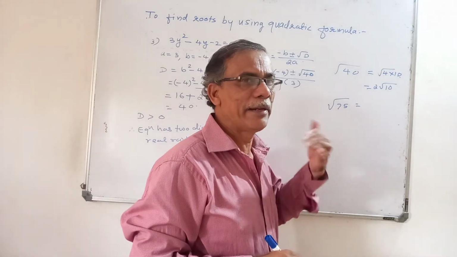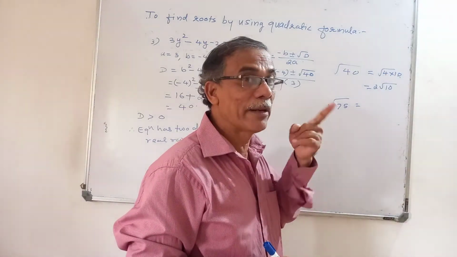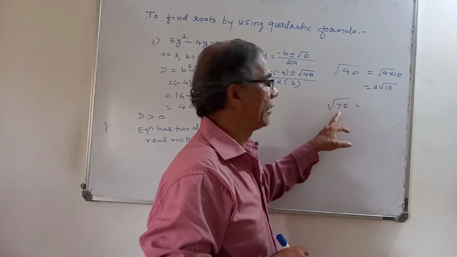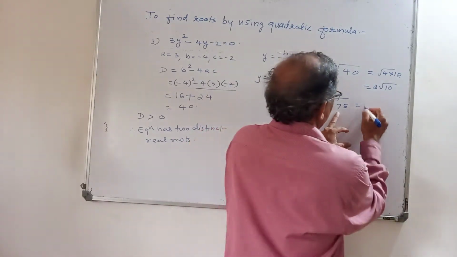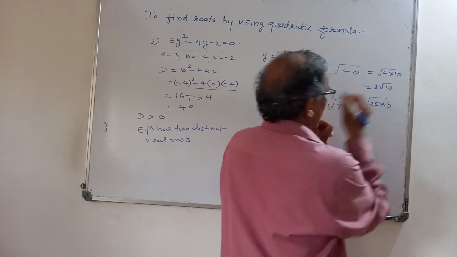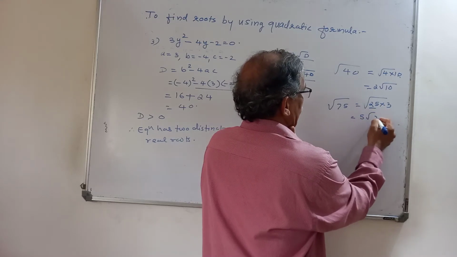Or the table of 16 will not contain 75. After 16, which is the perfect square, 5 square 25. You can see 25's table contains 75. So how you can write now? Root 75 means 25 into 3. So it is square root 25 means 5 root 3.